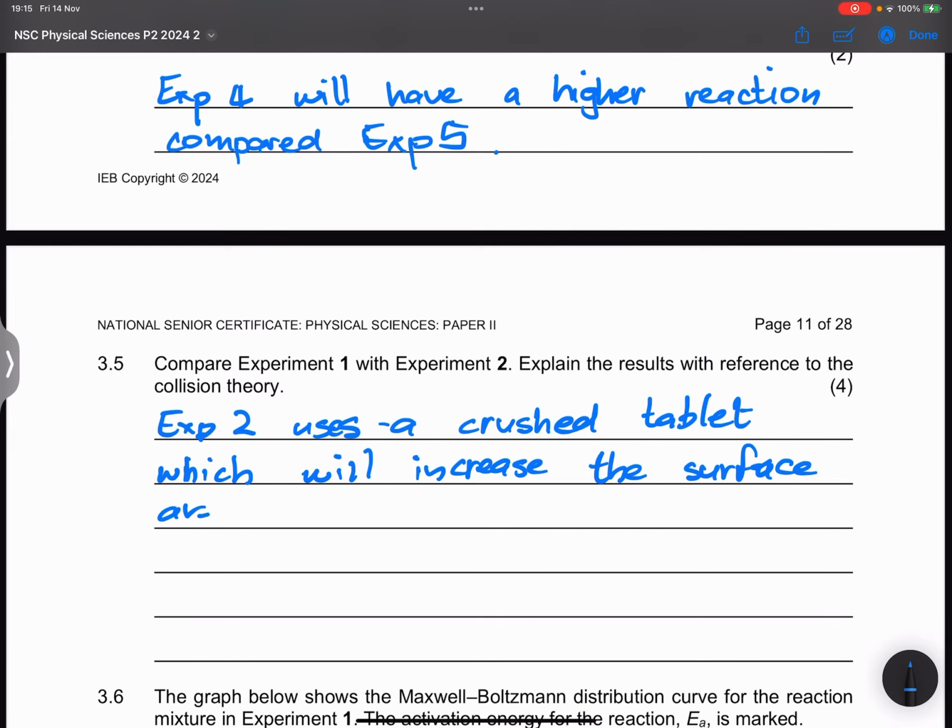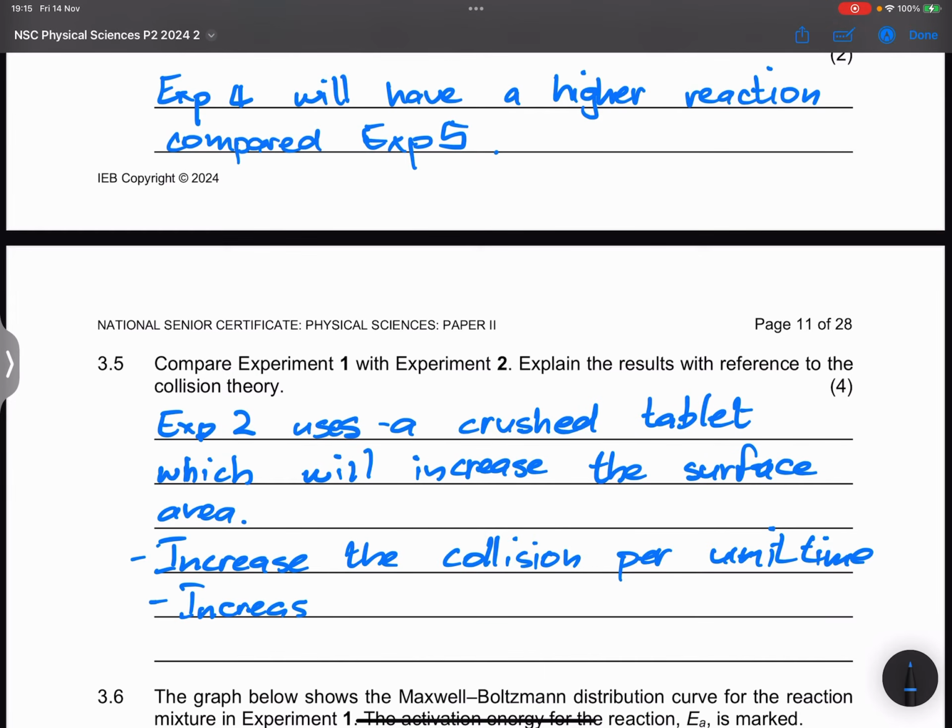That will increase the number of collisions per second, the collisions per unit time, and that will result in a higher rate of reaction.